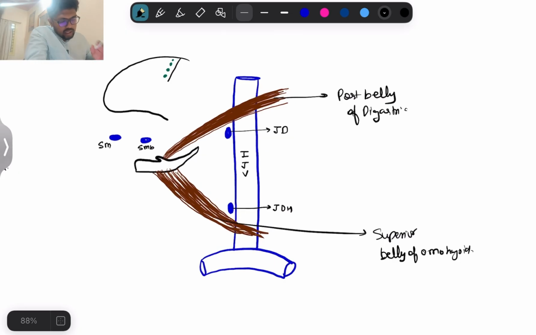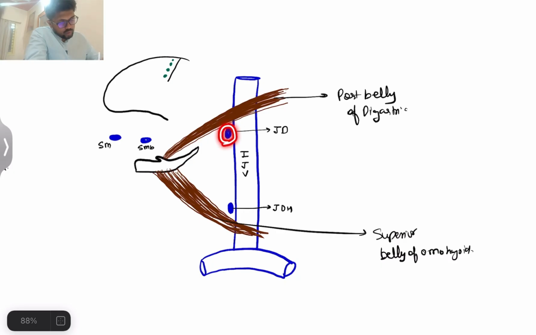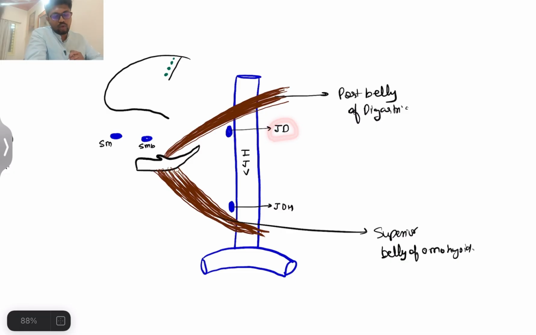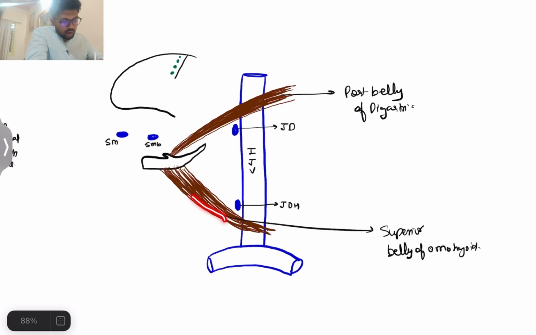The deep cervical group of lymph nodes are located along this internal jugular vein. The group located below the posterior belly of digastric is called the jugulo-digastric group of lymph nodes, and above the superior belly of omohyoid along the internal jugular vein is the jugulo-omohyoid group. So these are the deep cervical group of lymph nodes.